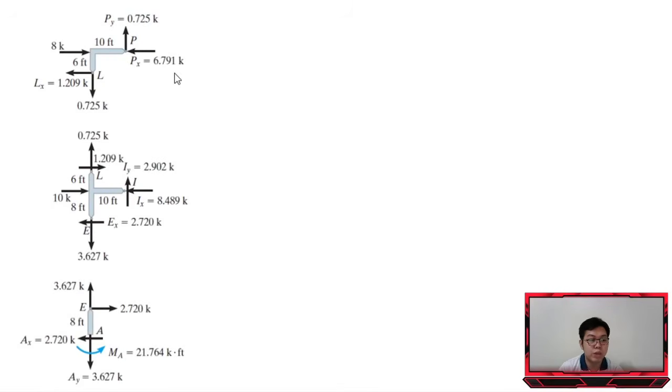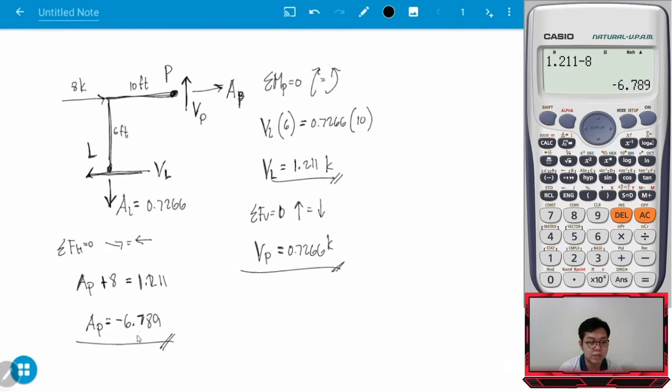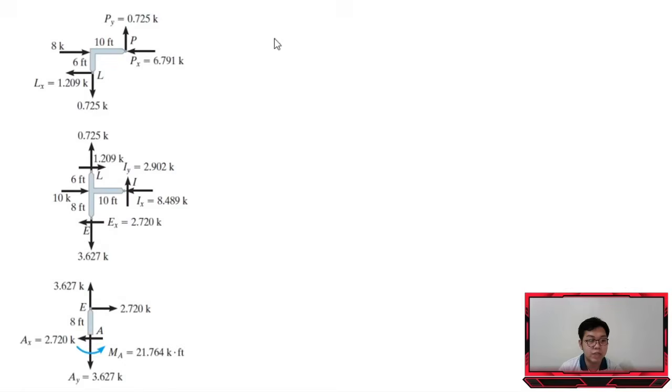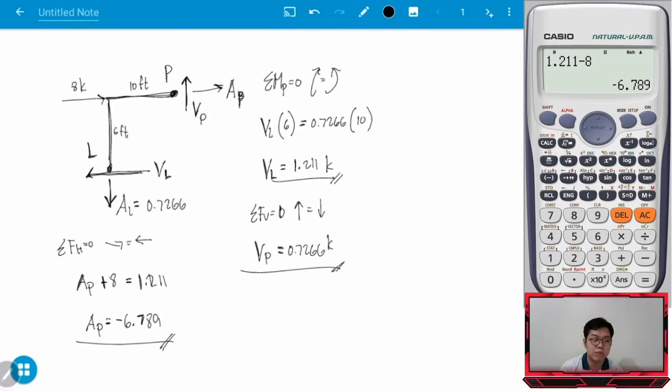Okay? 6.791 sa kanya, sa akin is negative 6.79 din. So, walang problema. Negative lang yung sa akin kasi yung AP ko is away from the body. Sa kanya is towards the body na, kaya positive. Tama na kasi yung assumption niya. Walang problema kung mali yung assumption mo.